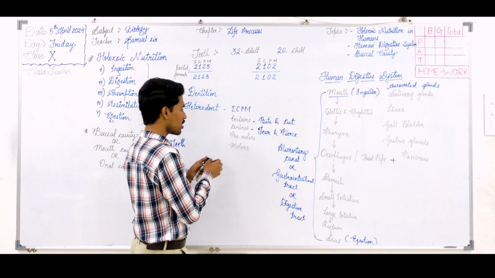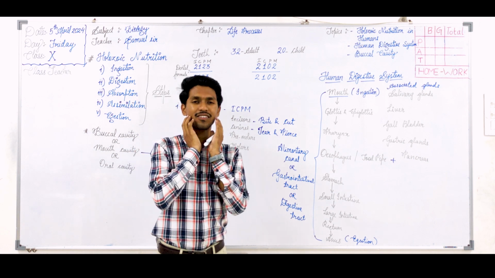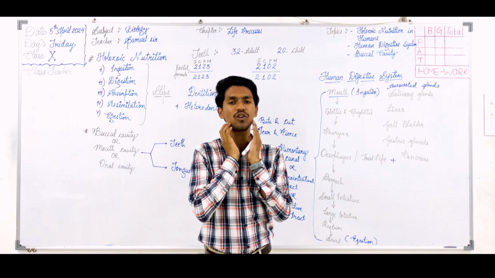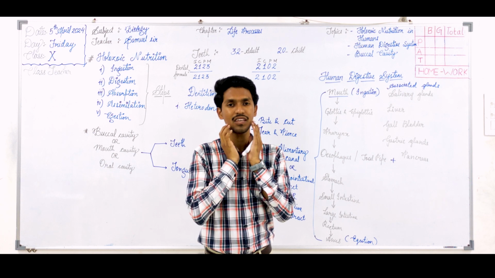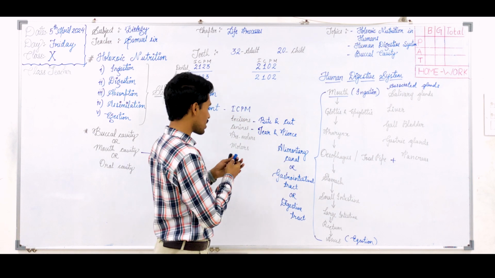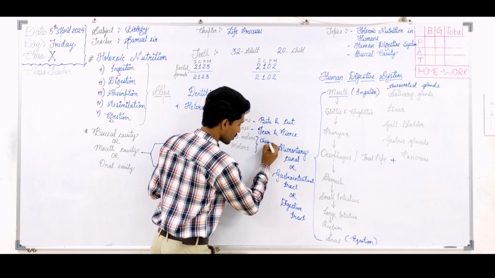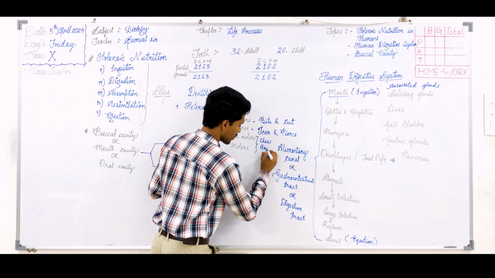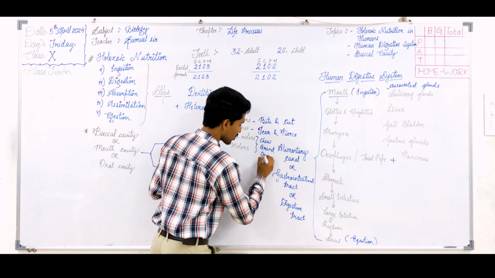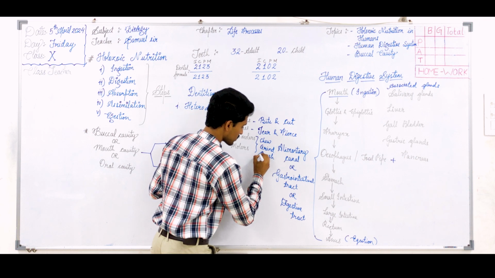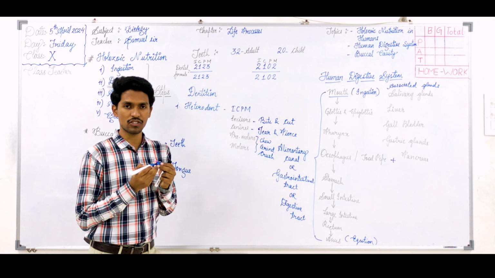Talking about premolars and molars, which are at the side region, the upper jaw and lower jaw, these corner ones. These premolars and molars help in chewing, grinding, crushing, etc. You can say chew, grind, crush.